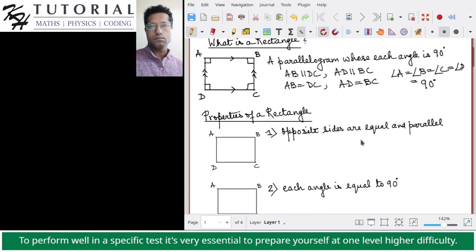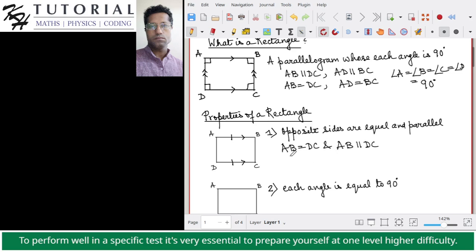Given a rectangle, what can we say about its sides, its angles and its diagonals? The first thing is that since a rectangle is also a parallelogram, opposite sides will be equal and parallel. So we must have AB equal to DC, and AB parallel to DC. This is one pair of opposite sides.